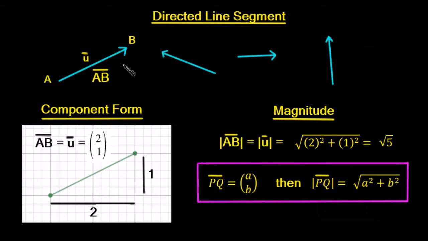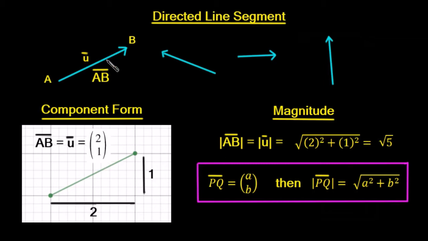Now this doesn't contain all the information we want to know about a vector, because we don't know what the actual length of this is. We have to be able to represent it somehow. So we can represent it in something called component form. So we could say that the vector AB is equal to the vector u, and then we could use this bracket system here, and the top one would be the x distance and the bottom one would be the y distance.